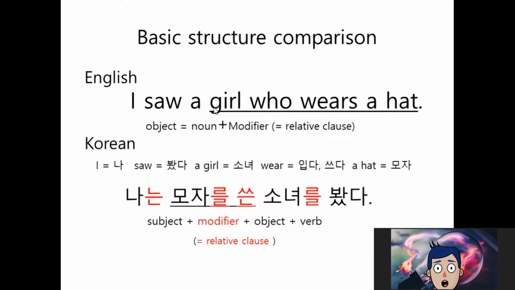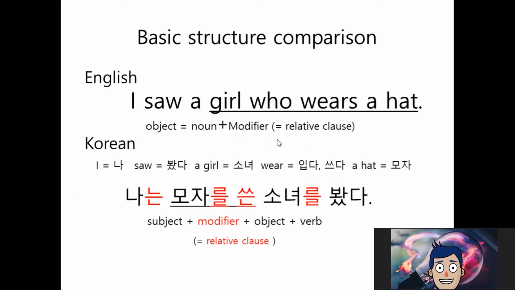What I want to tell you is about relative clause, okay, in English. So, I saw a girl who wears a hat. In English, relative clause modifies a noun after the noun, okay? So, a girl is noun, and who wears a hat is modifier. So the order of this part is noun and modifier, right? Okay.